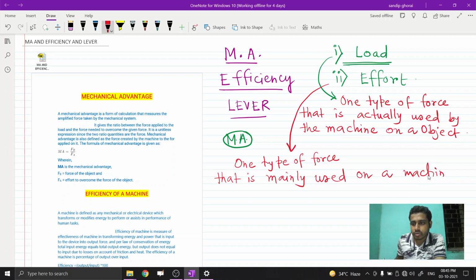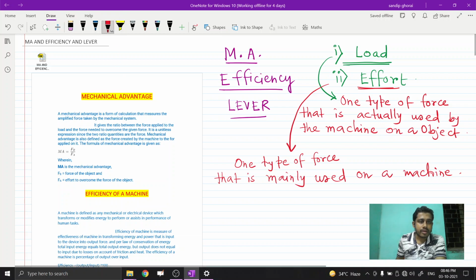Okay. So what is the basic difference between load and effort? Actually, load is one type of force that acts on an object, and effort is one type of force that is mainly used on a machine. Now the question is, what is mechanical advantage?